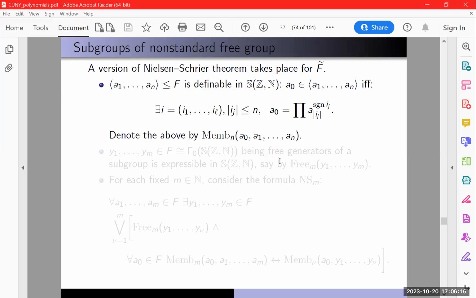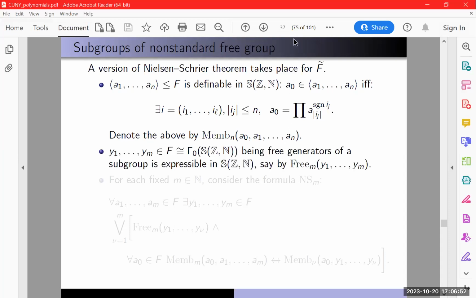And we want to again see if something like that is true for the non-standard free group. And the trick is again that if you just look at the first order language of the free group itself, you cannot write any of that down. But instead, we'll look in the list superstructure, and in the list superstructure, it is very straightforward to write that one element lies in the subgroup generated by this list of other elements.